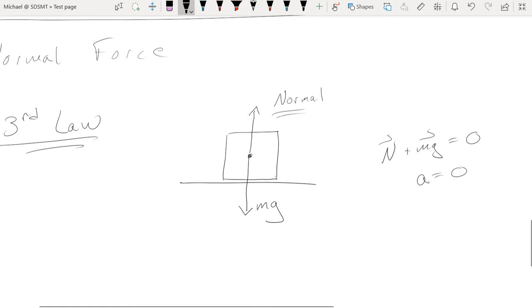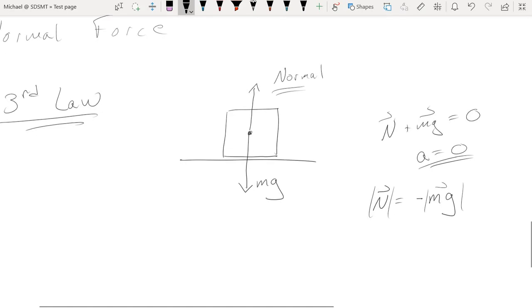And what this expression now says is that by adding these two forces together, the normal force will have to be equal and opposite to the magnitude of the gravity force. This is the only way that we will achieve an acceleration of 0.